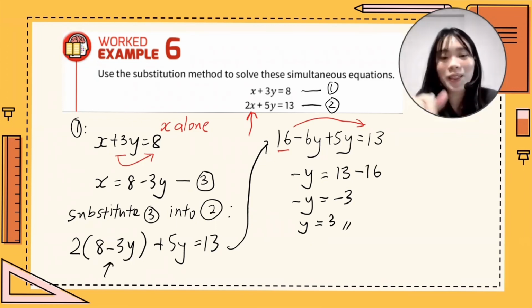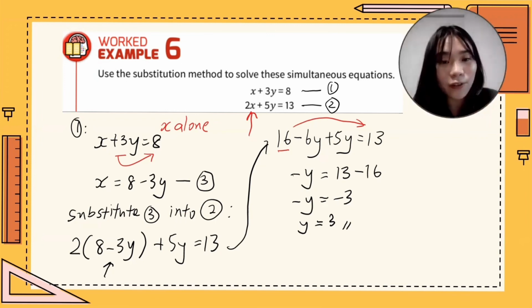So what is the magic? By substituting x into the second equation, I have managed to make an equation entirely in y. I have removed the x from the second equation and replaced it with an equivalent y expression. So I am now able to solve to get y, and that is how I can also solve to get x.